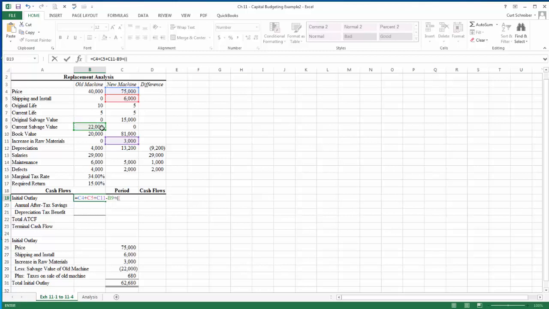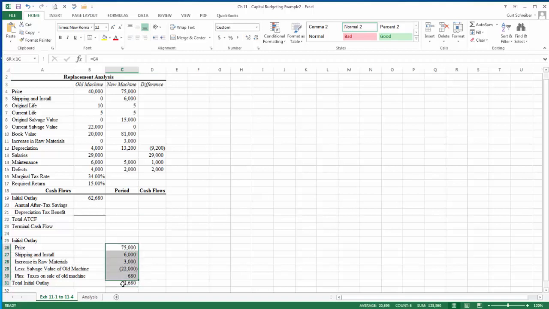So we need to say plus, in two parentheses, the 22,000 minus the 20,000, close our first parentheses, times, and click on the 34%, and close our parentheses and hit enter, and we have $62,680. Okay, so hopefully this helps to explain this item up here.